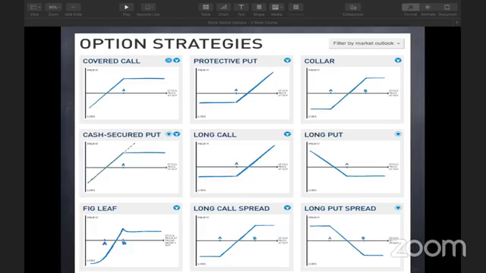So you could look at the July 16th expiration cycle, and you could buy a call and buy a put at the exact same time on the exact same strike price. Or you could buy a call and buy a put on the same expiration cycle for the same underlying, but with different strike prices, right?